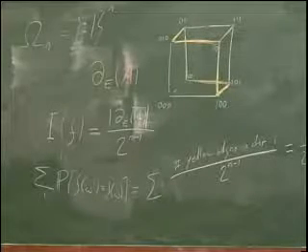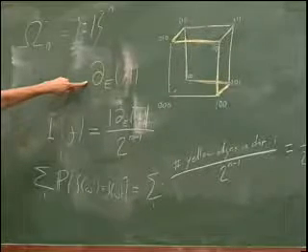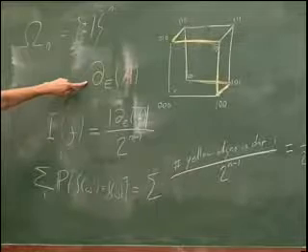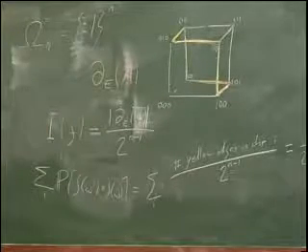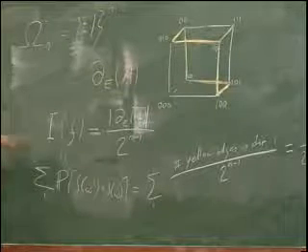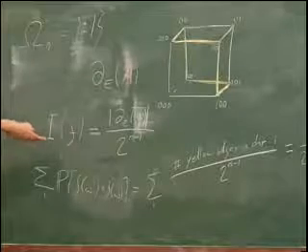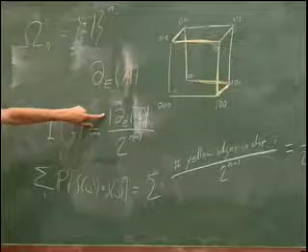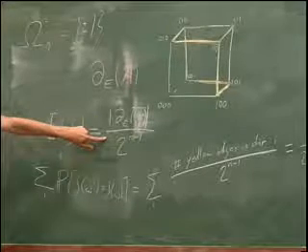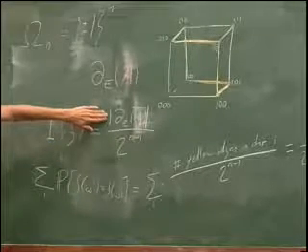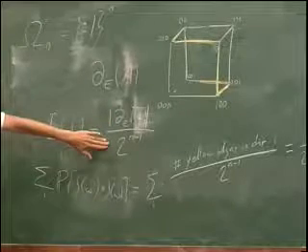Is this the Russo formula? No, it's not. What I proved is that the total influence, the sum of the influences, equals exactly the size of the edge boundary of the corresponding set divided by 2 to the n minus 1.